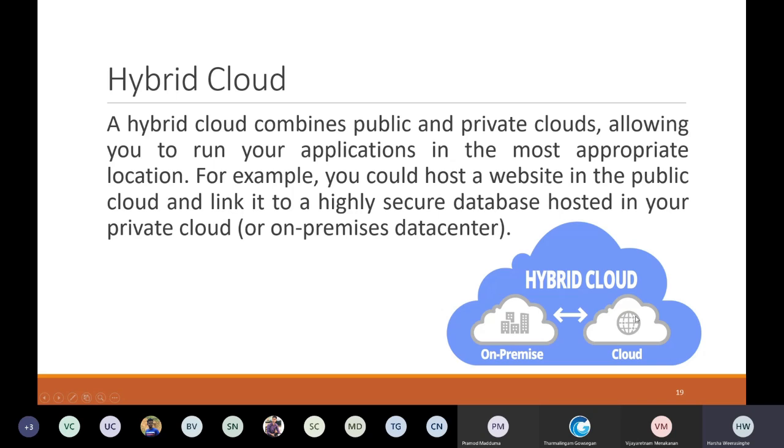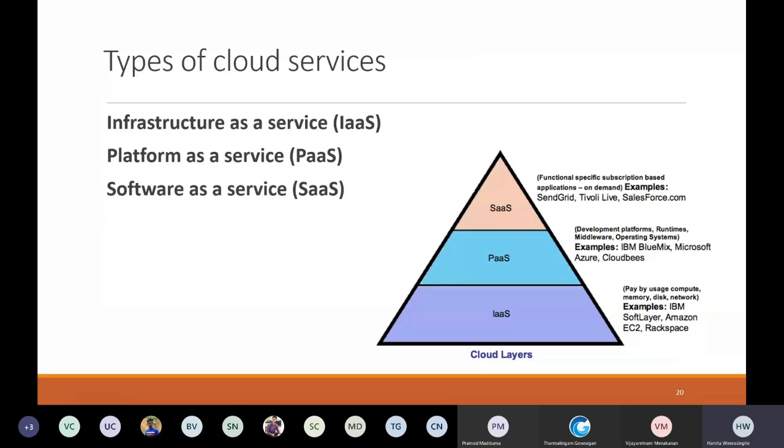So your application resides inside the public cloud, but your database is in the on-premises data center. It says you could host a website in the public cloud and link it to a highly secure database hosted in your private cloud.